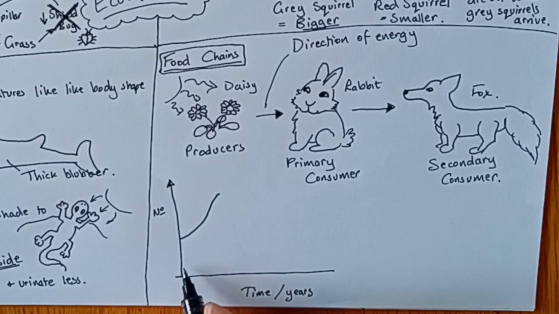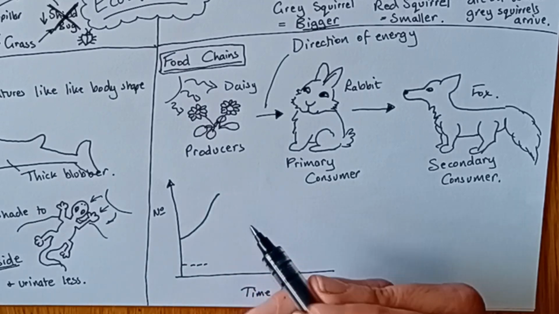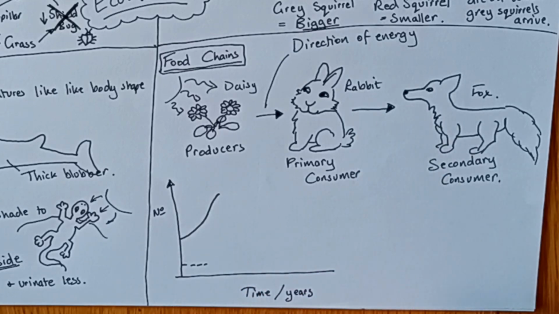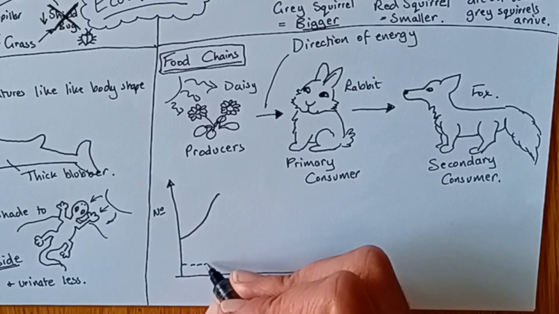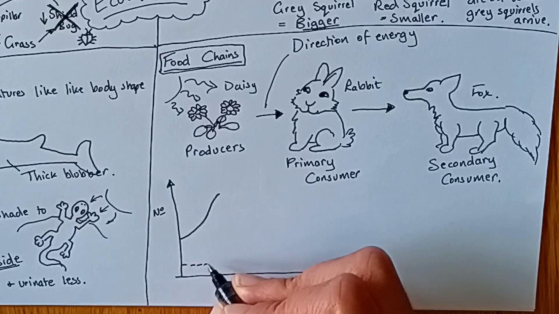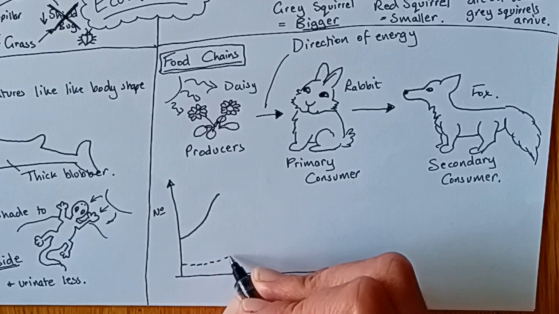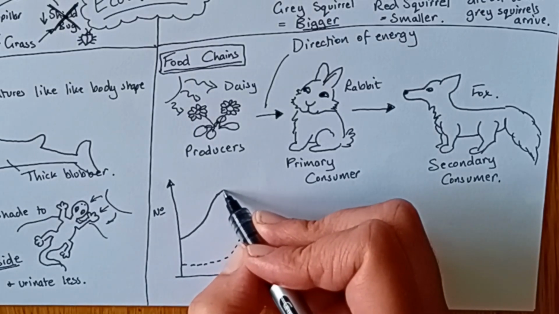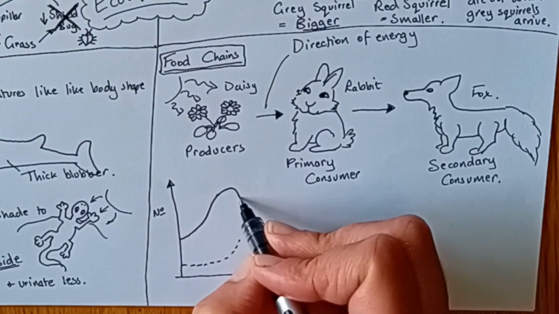There'll be far fewer foxes, okay, because energy is lost along a food chain. I'm going to talk about that in my biomass video. So as the rabbits increase, there'll be a slight time delay, but then the foxes will start to increase. As the foxes start to increase, it means that the rabbits start to decrease.